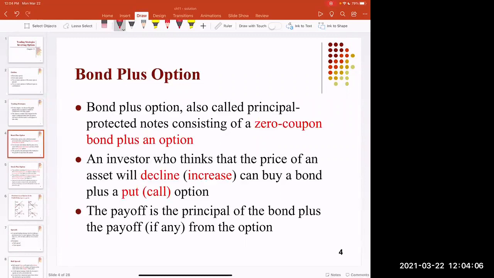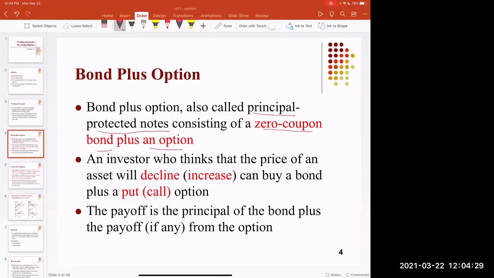So first, let's consider bond plus option. Bond plus option is also called principal protected notes. In this strategy, they include a 0 coupon bond plus option. So a 0 coupon bond has no coupon payment, but for sure you will get the principal, right?